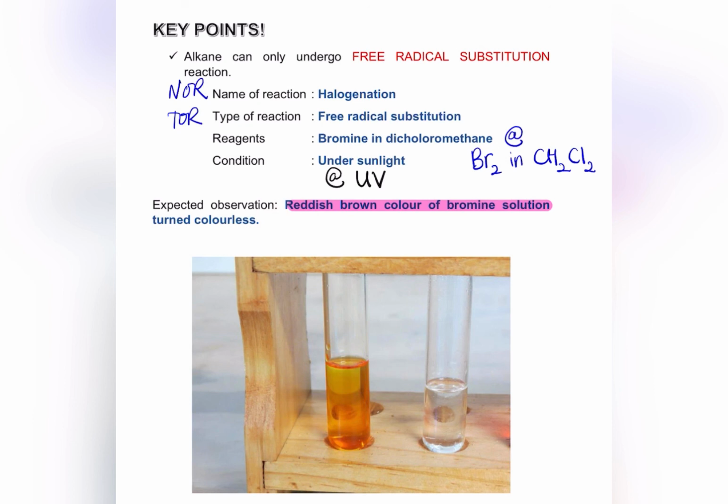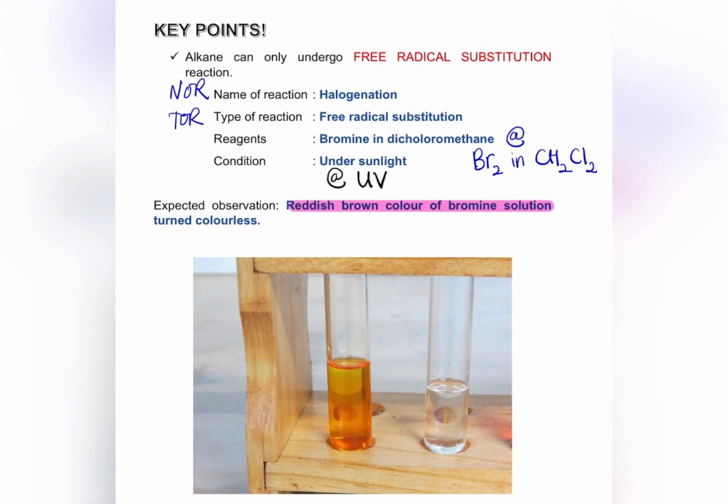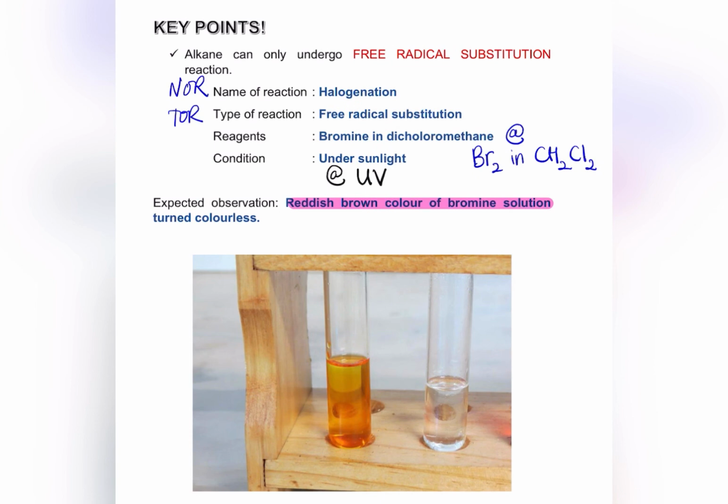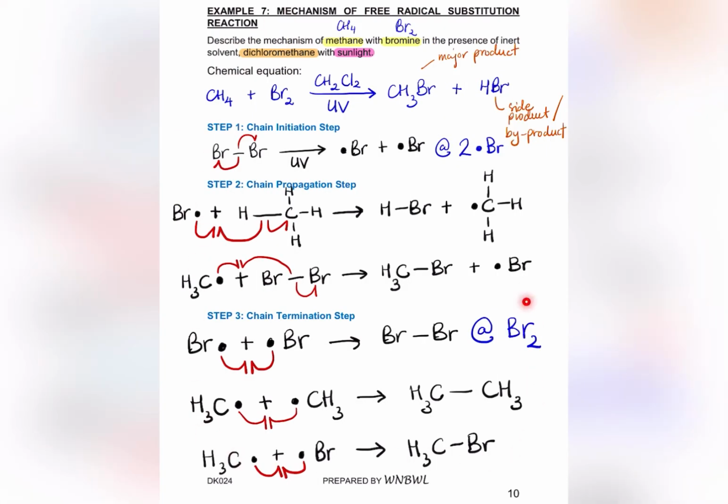It means there will be no homolytic cleavage in the bromine molecule because there is not enough energy for this reaction. To relate this with the mechanism that you illustrated on the previous page, it means that by the end of step 3, if you got the correct illustration of the mechanism, the final color of the solution turns colorless from reddish brown.